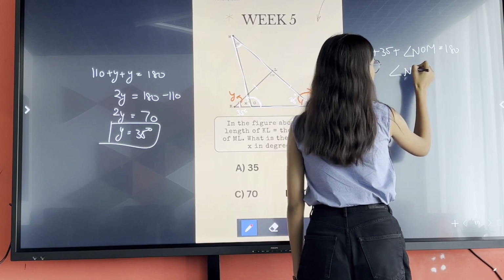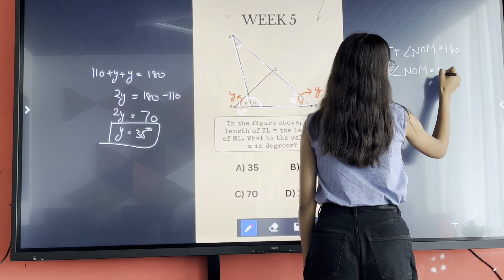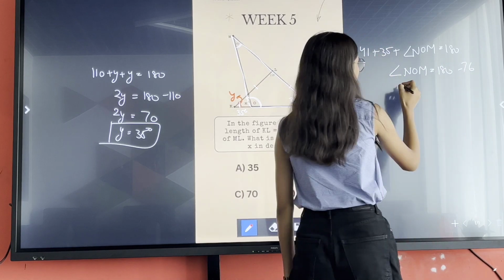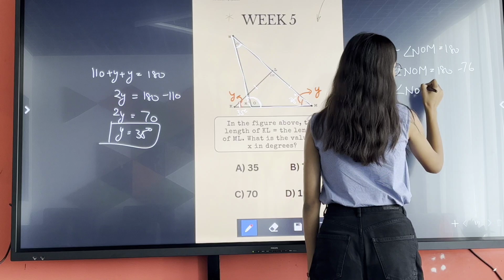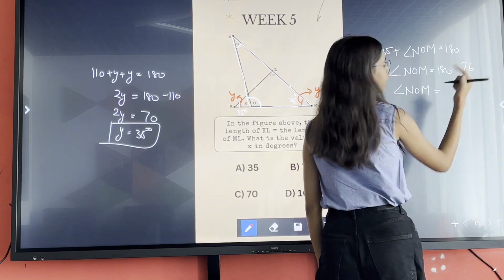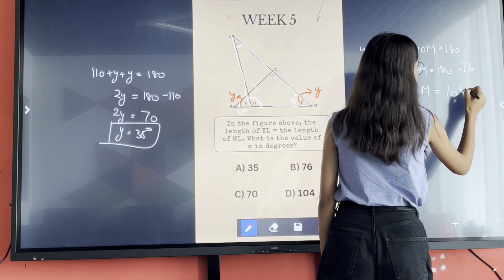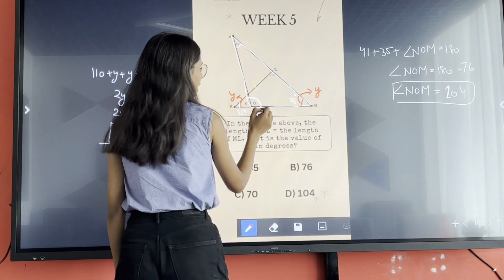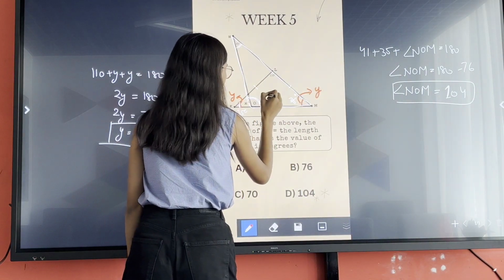From here I can find the angle NOM, which is 180 minus 76, which is 104. So I got this particular angle as 104.